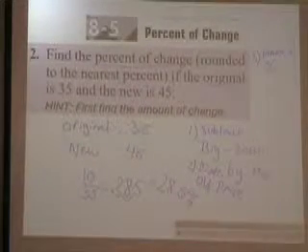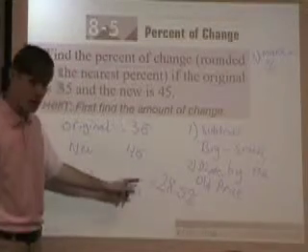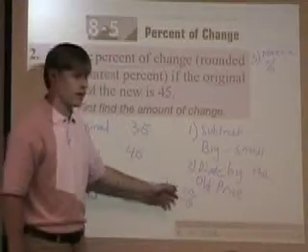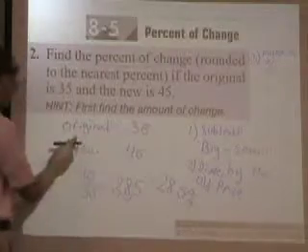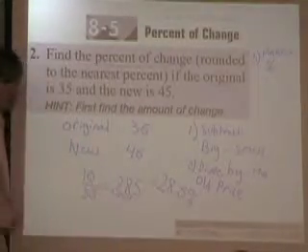So you went from 0.285, moved it 2 places to the right, because you multiplied times 100 to make the decimal a percent, and you got 28.5. So now they say, what's the percent of change? To go from 35 to 45 is 28.5%.